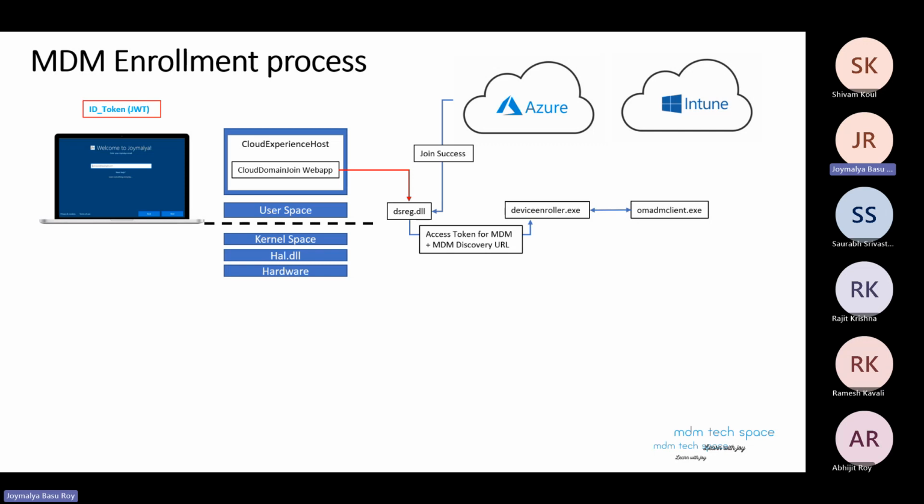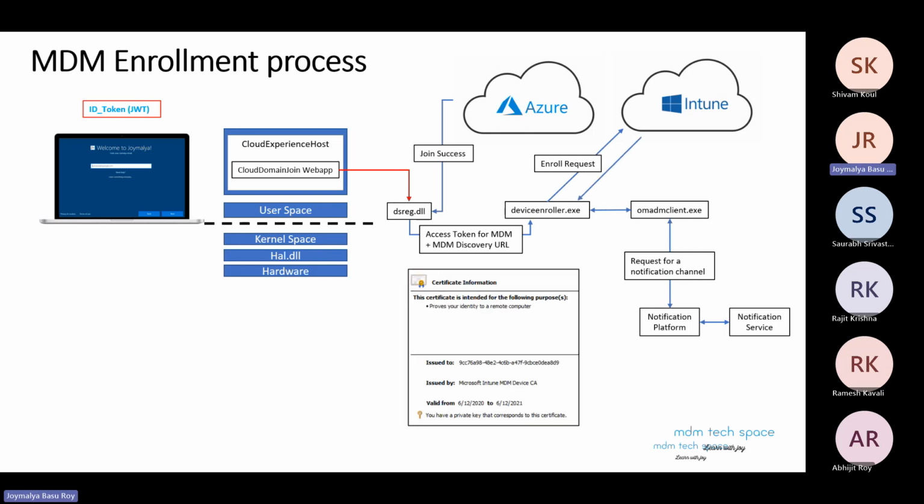It registers with the platform notification services, which is WNS, Windows Notification Services. Once the notification channel is established, deviceenroller.exe will send the enroll request to Intune, and Intune will send the enrollment certificate back to the device. This is the Intune MDM Device CA that we get on the device, and this is your Intune device ID.